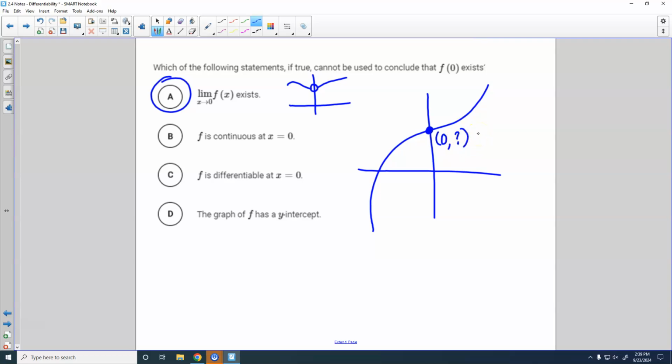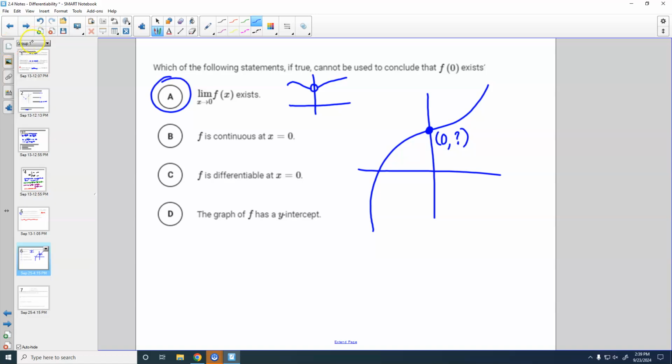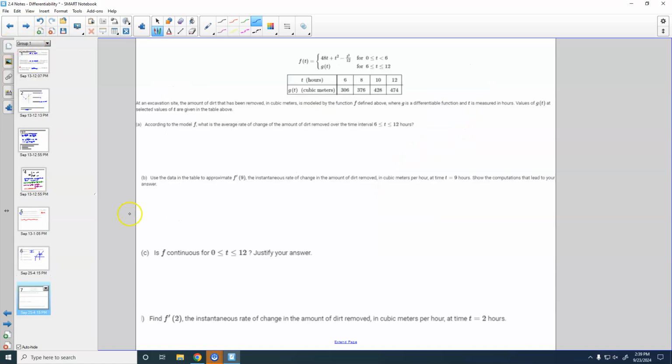So you have a point there. That would only apply for f of 0. If they were asking you about f of 1, then D would not prove anything. But for f of 0, that does mean that this has to exist. Okay?